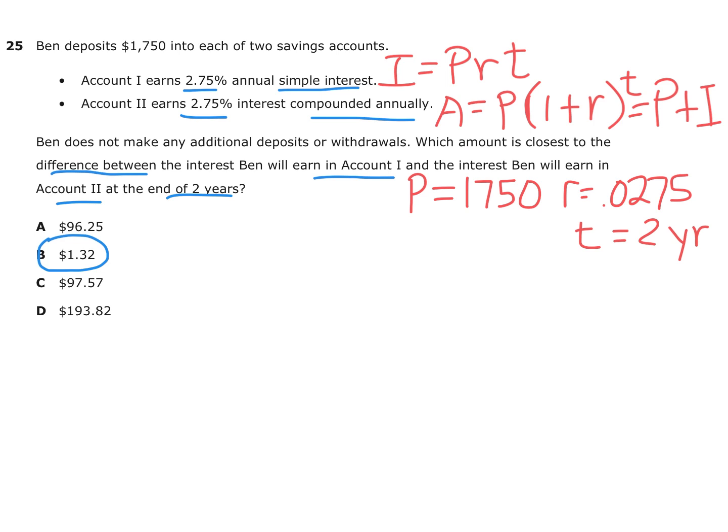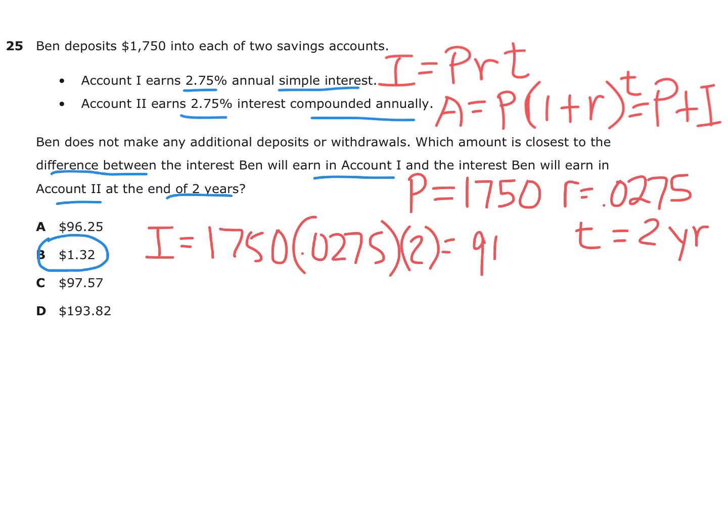So let's go ahead and do account 1 using I is equal to P times R, which is 0.0275, times T, which is 2. So if you use your calculator for that, you're going to get $96.25.